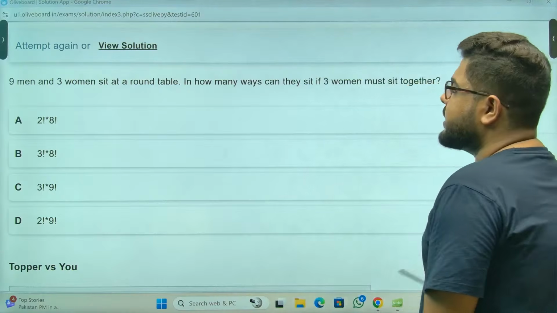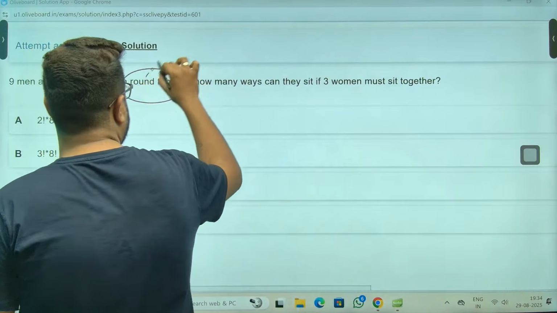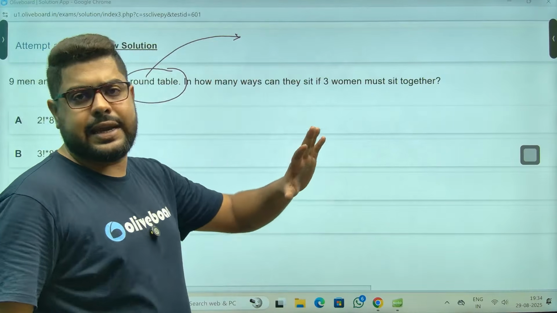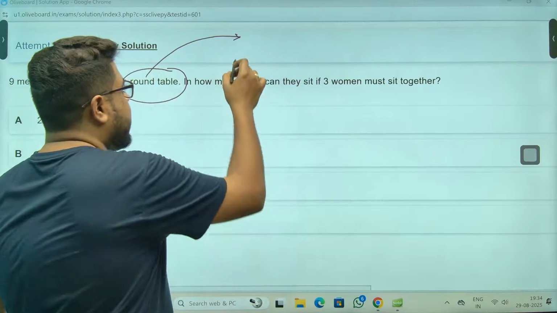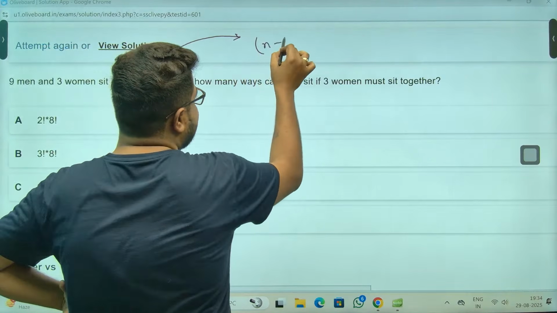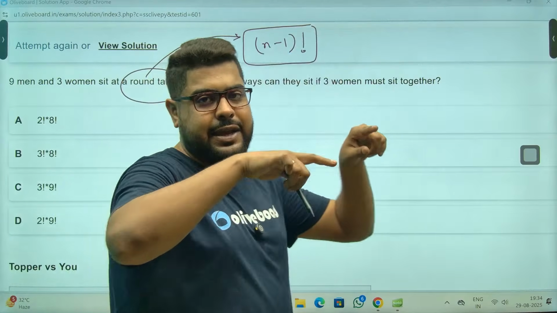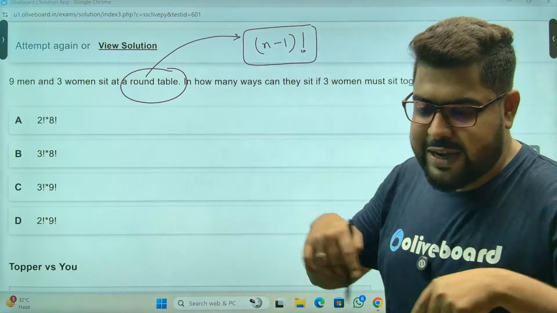Round table. In a round table, remember, it is always n minus 1 factorial. If you want to arrange n things in a round manner, say you are making a garland, it is always n minus 1 factorial. Why? Because there is no starting and no end in a round table.